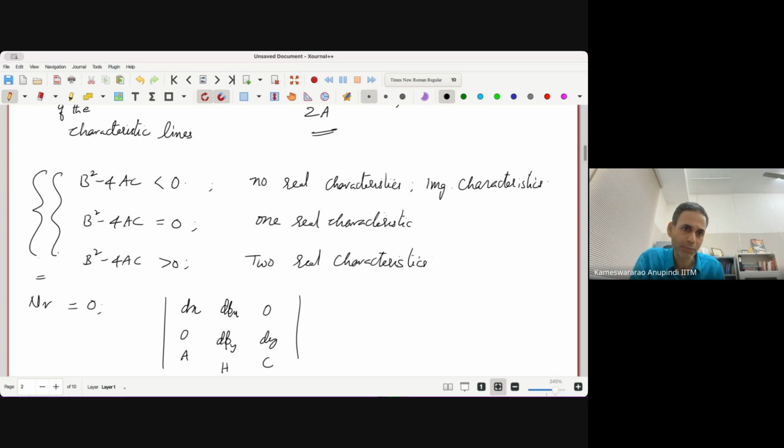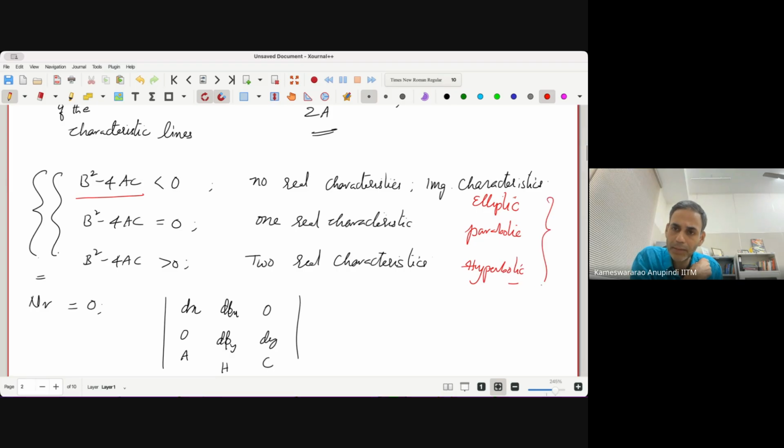Now, this behavior is attributed to some names. If this discriminant is less than 0, then we call such an equation to be of elliptic type. If it is equal to 0, we call it parabolic type, and if it is greater than 0, we call it hyperbolic type.